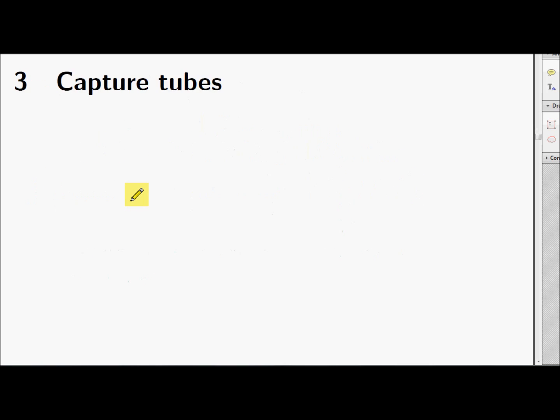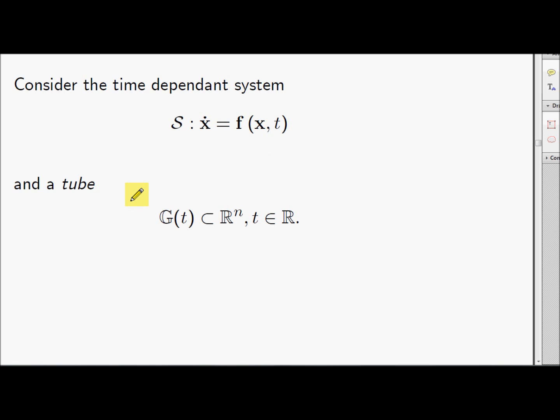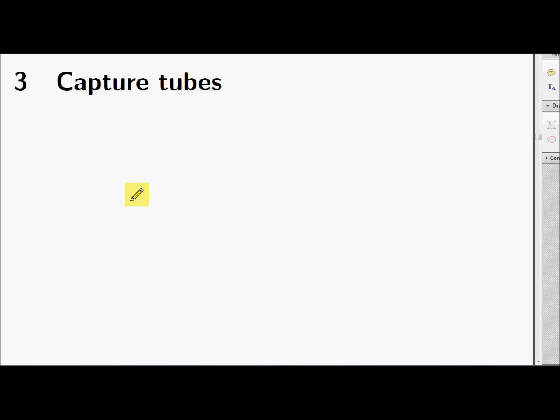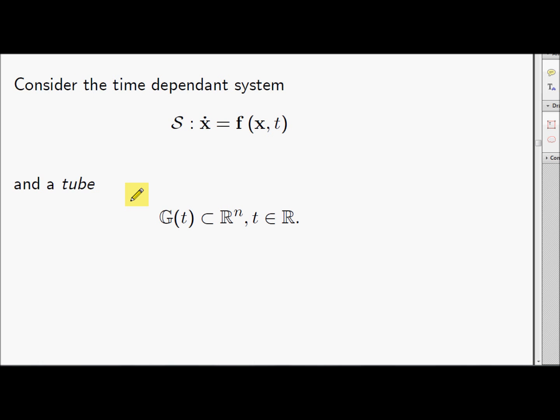Okay, now what is a capture tube? First I need a dynamic system. The dynamic system is x dot equal to f of x and t, where x is in the state space, and the tube is a set which depends on time.